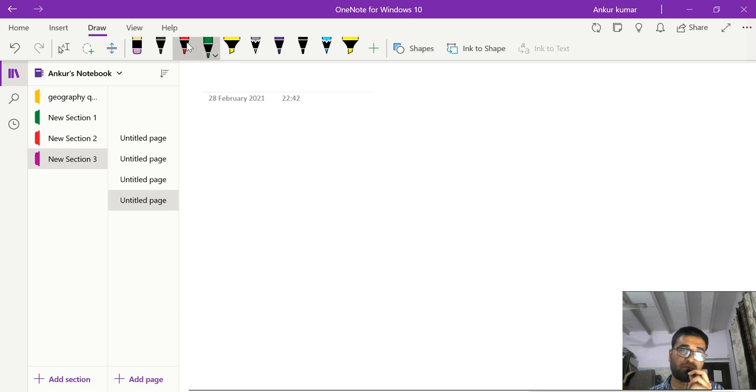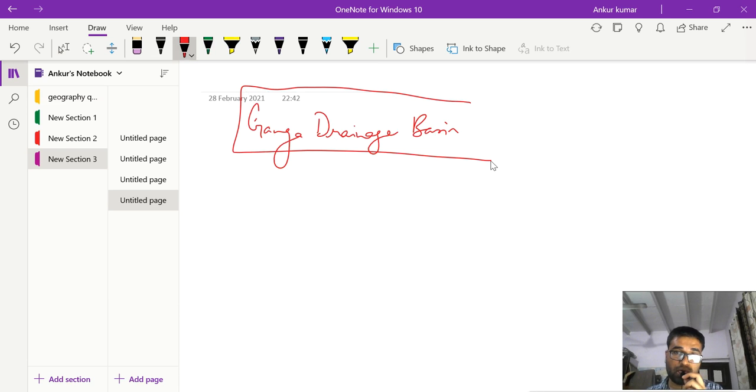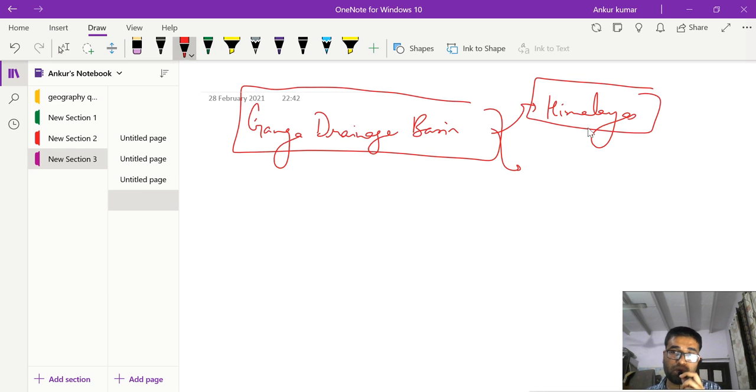Moving on to the next drainage basin, that is the Ganga drainage basin. Ganga drainage basin को हम दो जगह करेंगे. One in the upper reaches in the Himalayas, that is before Haridwar, और एक हरिद्वार के बाद, beyond Haridwar.